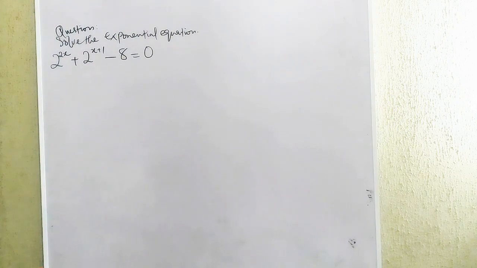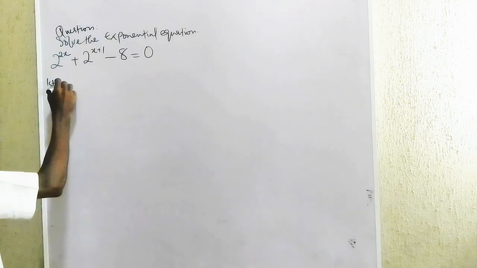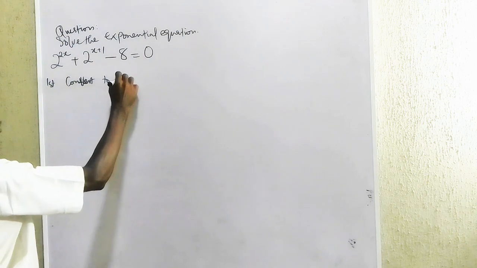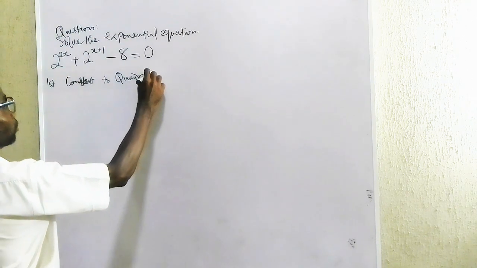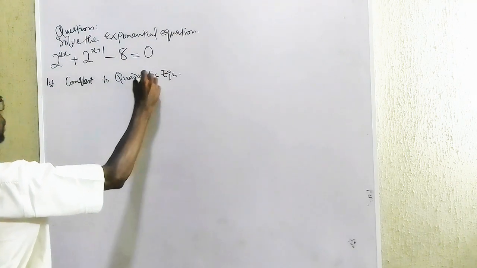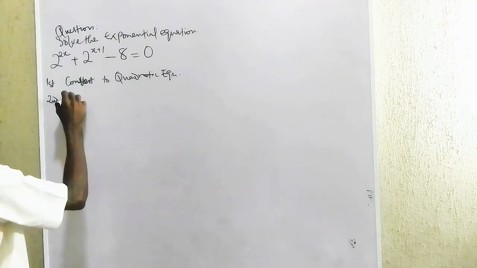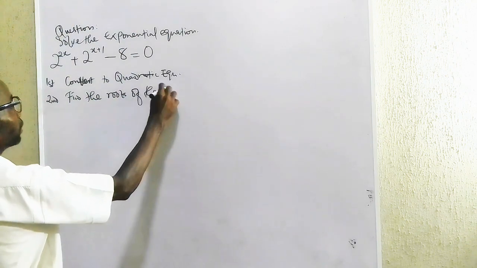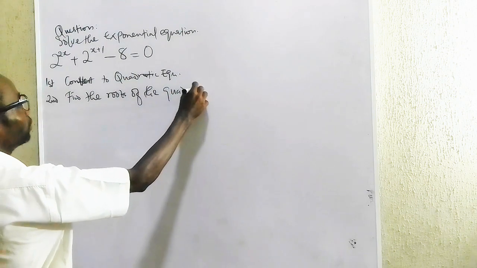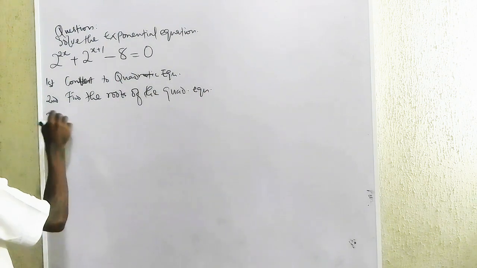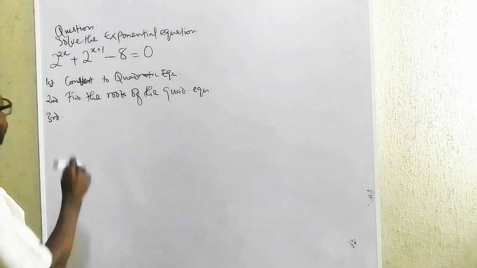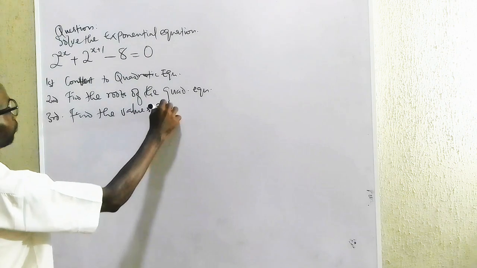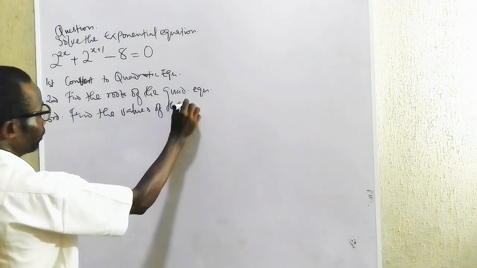Now, like I've said previously, the first step is to convert to a quadratic equation, and then the second will be to find the roots of the quadratic equation, and then the third will be to find the values of the roots, right?